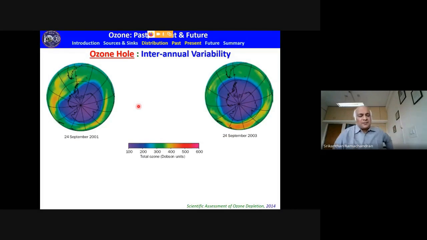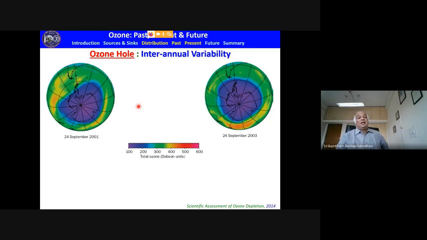The second thing is, is the ozone hole that we saw over the Antarctic or the Arctic uniform every year? Is there no interannual variability, so that we know every year during this time frame this is the amount of ozone that will get decreased?